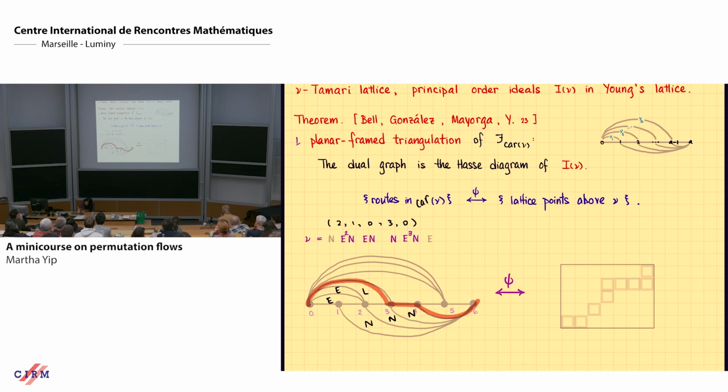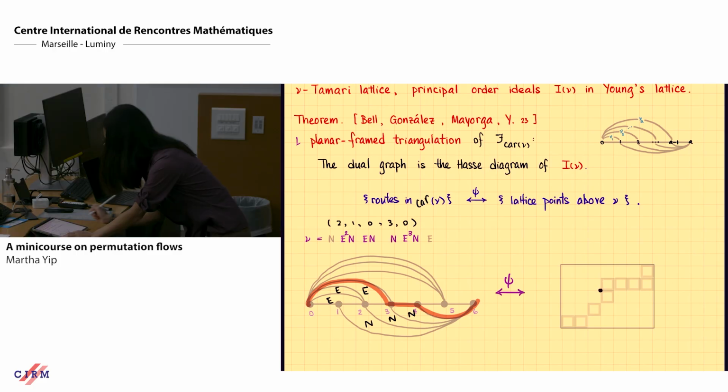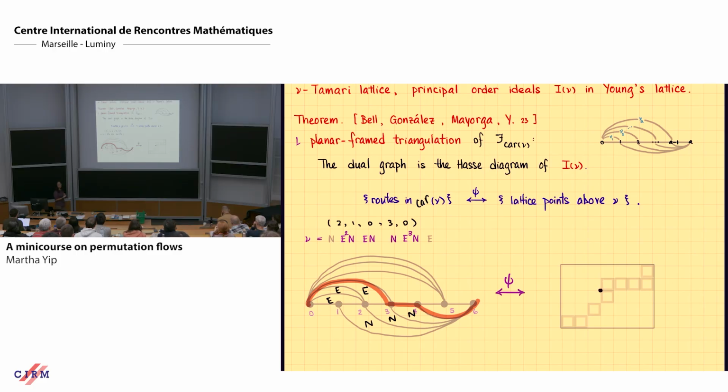With these bounded regions in the graph, right, this tells me that because I drew a route that lies on top of 3 of these and 3 of these, then it corresponds to that lattice path, or that lattice point.